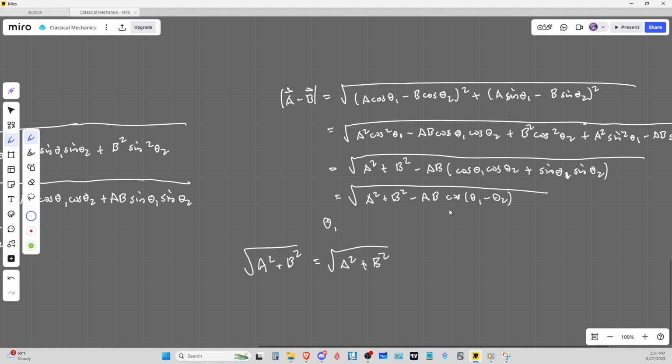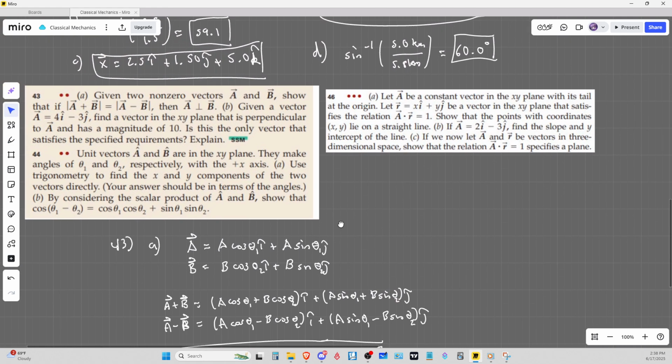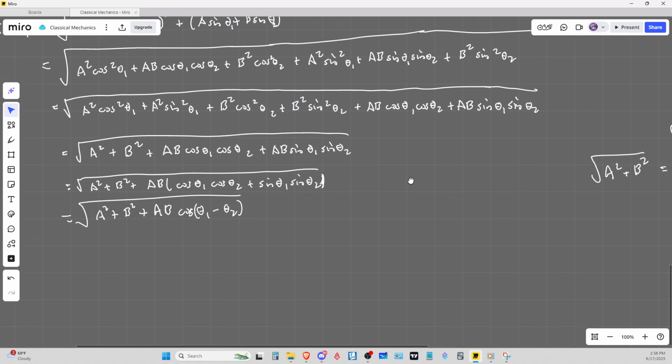Then again, if they are perpendicular, no, what am I thinking? Shoot. Cosine plus theta 2.